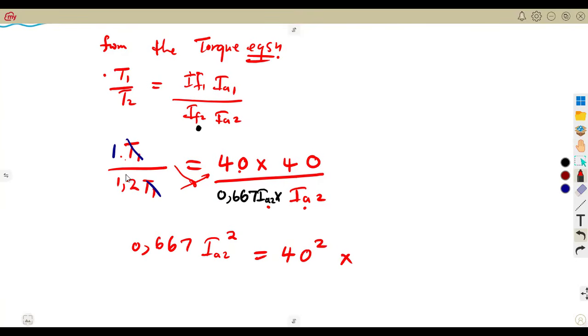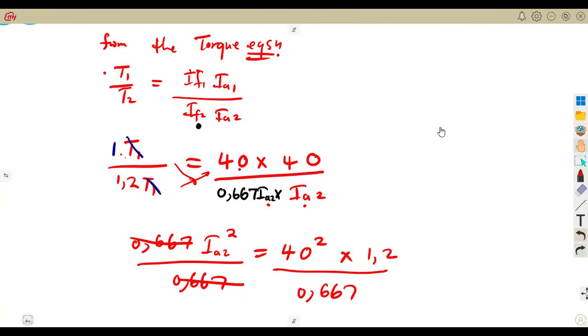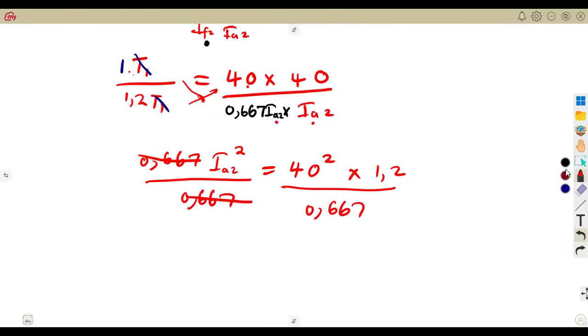There's no effect. Times what? Times 1.2. Everything over what? 0.667. So dividing by this, you're going to have armature current squared, not armature current. So to obtain the armature current, what do we do?